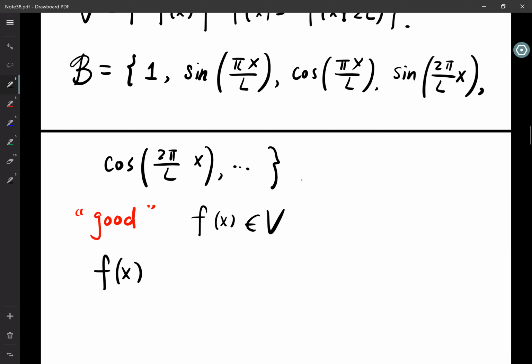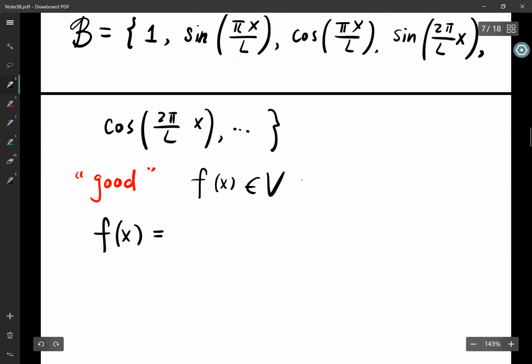How would I figure out the expansion coefficient? Because later we're going to verify that this is an orthogonal set. So I just take the inner product between f and these basis functions, and you will find that the way we do the calculation is exactly the same thing.